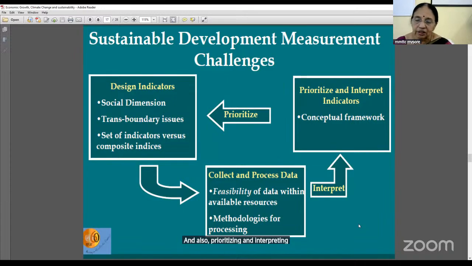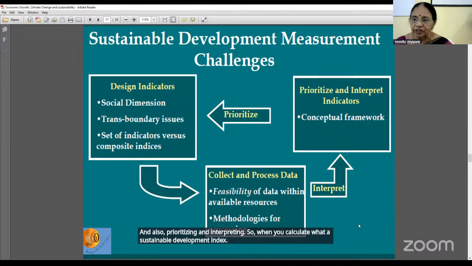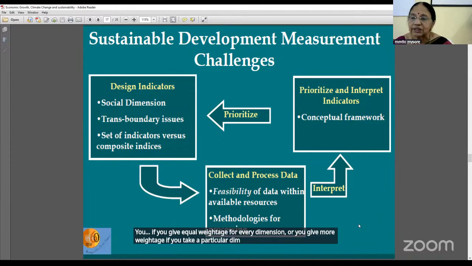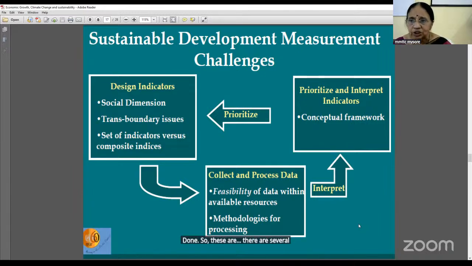When you calculate a sustainable development index, whether you give equal weightage for every dimension, or you give more weightage to a particular dimension, these are the decisions to be made. And collecting the data: the data won't be available, and what methodology is to be used. So there are several issues.